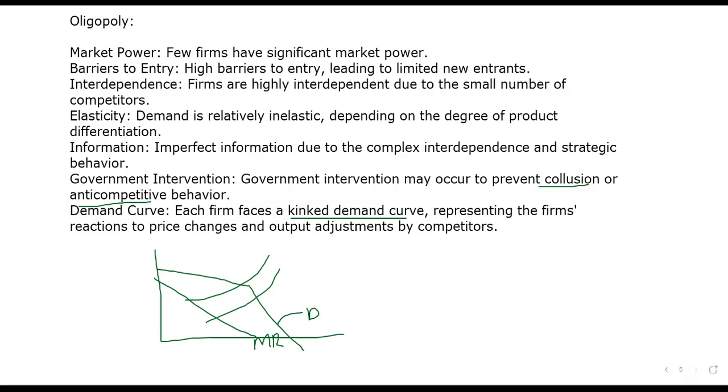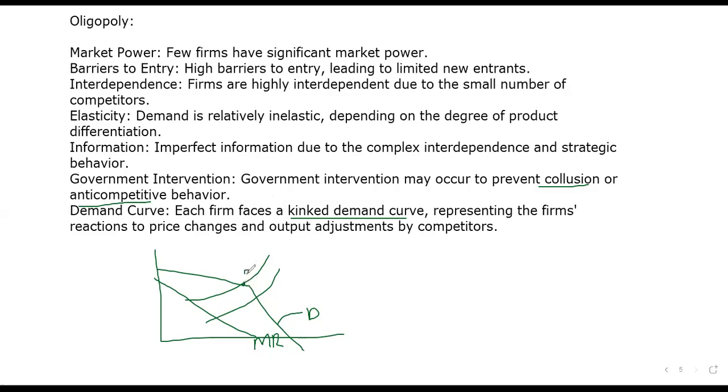Okay. So here at the kink, since these are interdependent decisions, if a firm decides to charge lower than them, they'll go below that price.